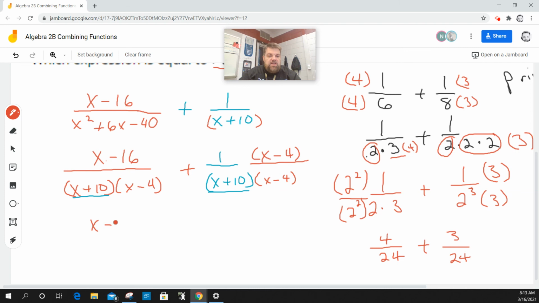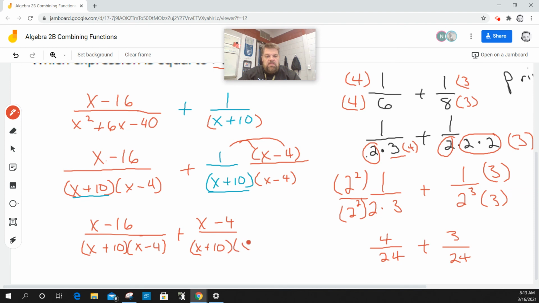So on the numerator, on this side, I've got x minus 16 all over x plus 10 times x minus 4 plus, if I distribute the 1 through that, I'm just going to end up with x minus 4 all over x plus 10 times x minus 4.